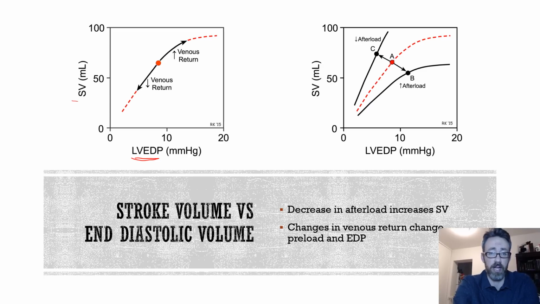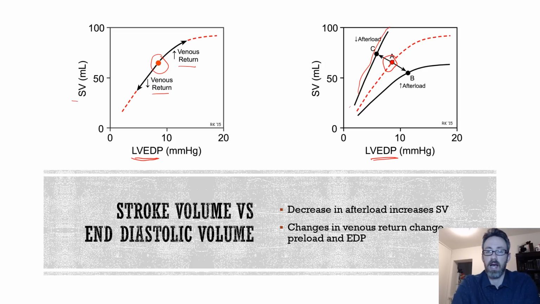So again, our stroke volume versus our pressure, or end diastolic volume, and let's say this is our working point right here. I talked about venous return and how that affects it. And then the same thing over here: if this is our working point and we have a decrease in afterload, we would go up onto this curve, where for a given volume we would increase our stroke volume, because we can eject more since there's less resistance.